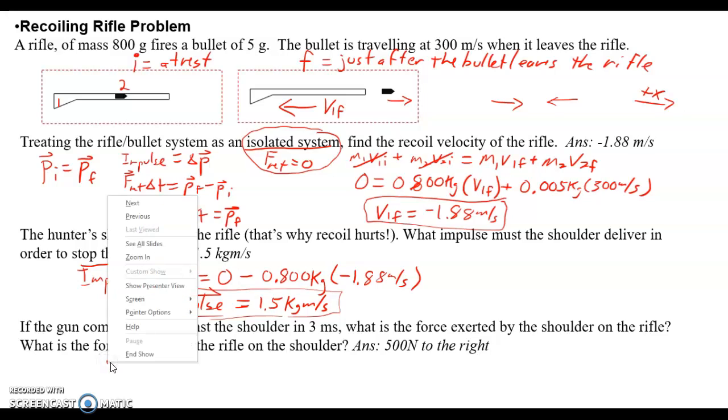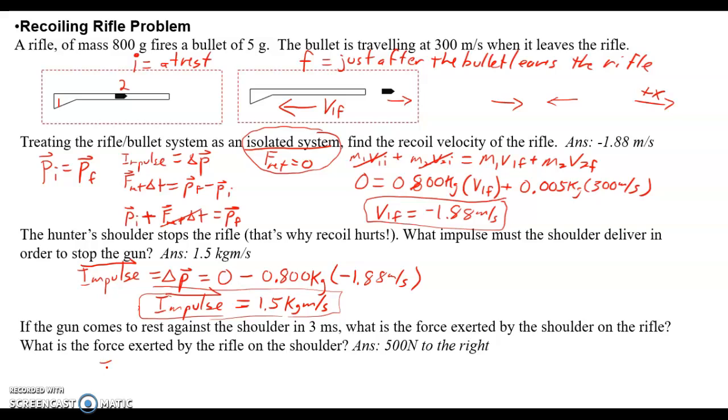So we know that impulse is also equal to the force, which is a vector, times the time. So the force is equal to the impulse divided by the time. So that's equal to 1.5 kilogram meters per second divided by 3 milliseconds.